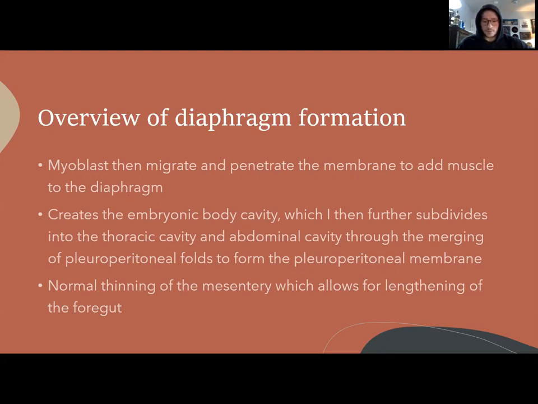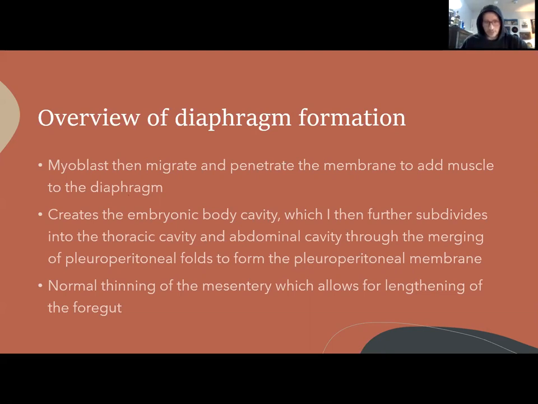Over time, those pleuroperitoneal folds are going to extend and start obliterating those pericardioperitoneal canals and migrate towards that anterior septum transversum. And as they do that, they're going to start thinning. And about the 7th week, they're going to be thin enough that they get a name change and they become the pleuroperitoneal membranes, in which they will adhere themselves to the esophagus on the midline, get dragged down partially to form the crus or crura of the diaphragm.